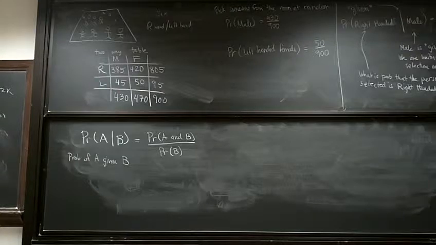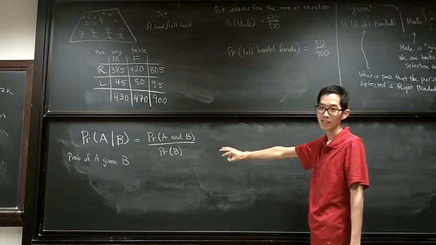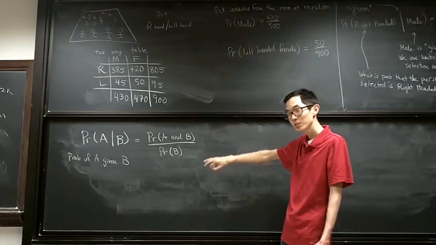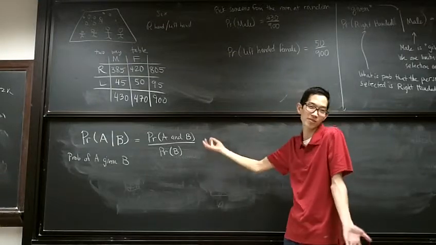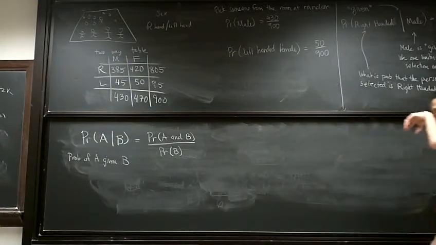This is probability of right-handed given male, and we said that's 385 out of 430. Most of you, nobody raised their hand, so I'm assuming you feel okay with 385 out of 430. If you don't, please raise your hand so we can make sure we're okay. If you're okay with that, then you should be okay with this. It's just symbolic, and people generally like numbers over symbols. I can't blame you.